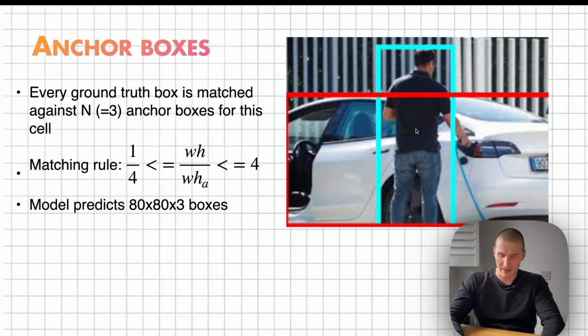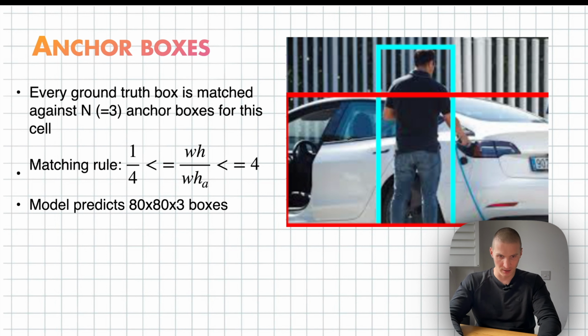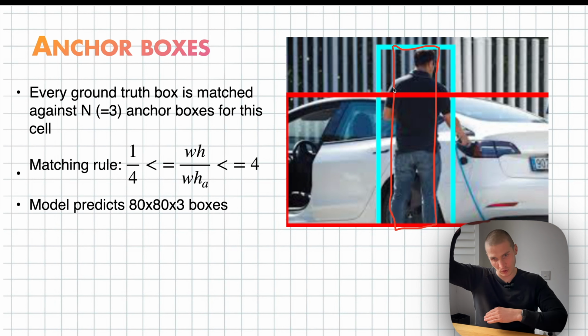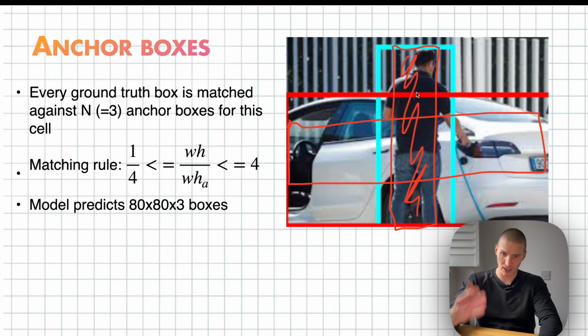And so what happens during training is every ground truth object is first matched to a grid cell, and then within that grid cell we might have 3 different anchors, and we match the ground truth object to these anchors to see if this man, for example, matches more with the anchor that is tall than with the anchor that is wide, and then assign the man to one anchor, and then the car will be assigned to the second anchor.